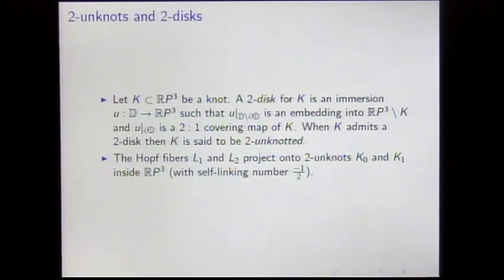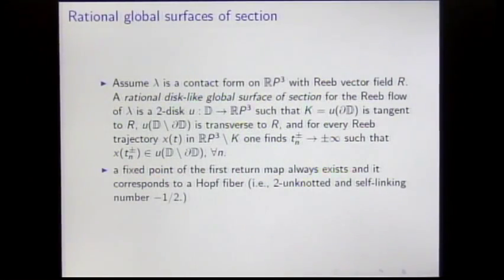And the self-linking number, there is a definition, in fact a slightly different definition, called the rational self-linking number, which in this case is just -1/2 instead of -1 as in S3. Okay, now any such 2-unknot, I will just call, for simplicity, a Hopf fiber.